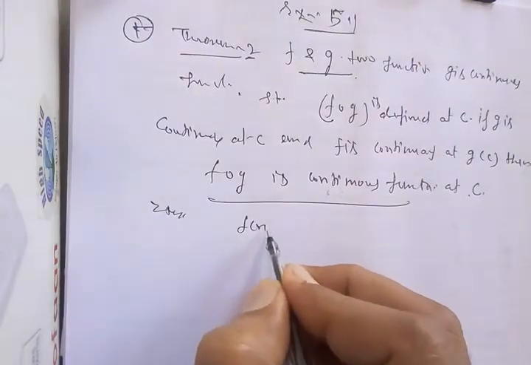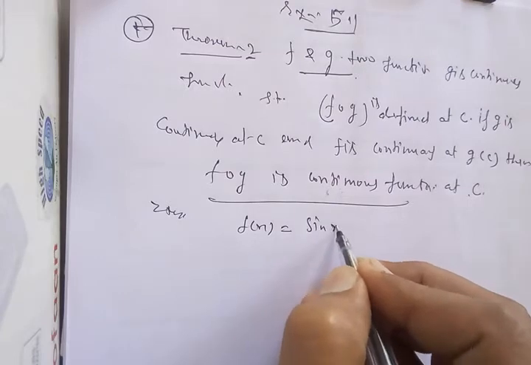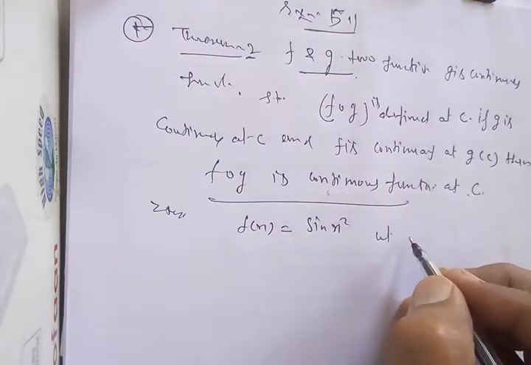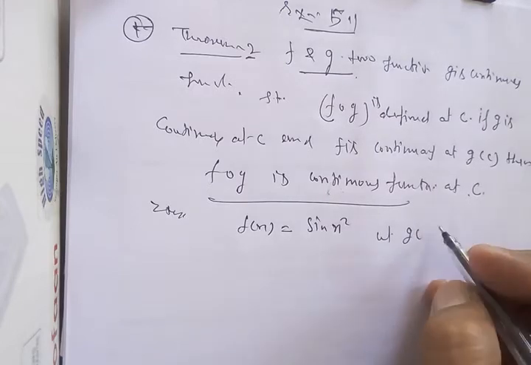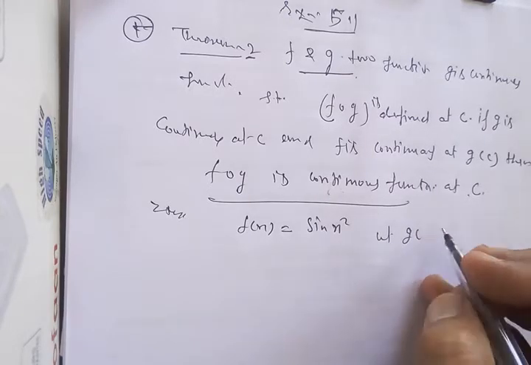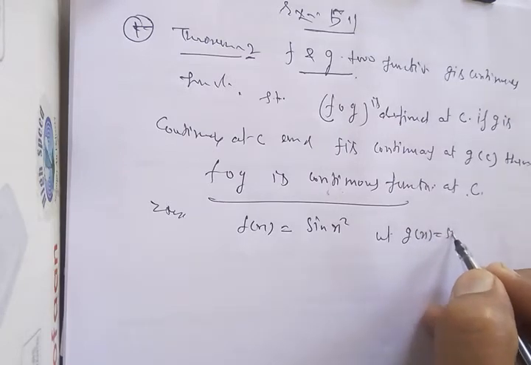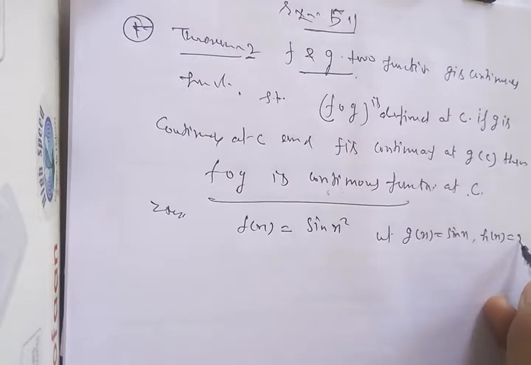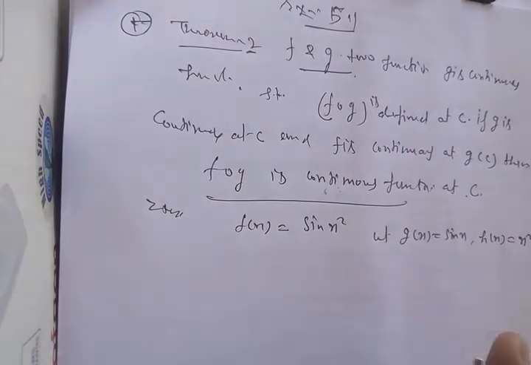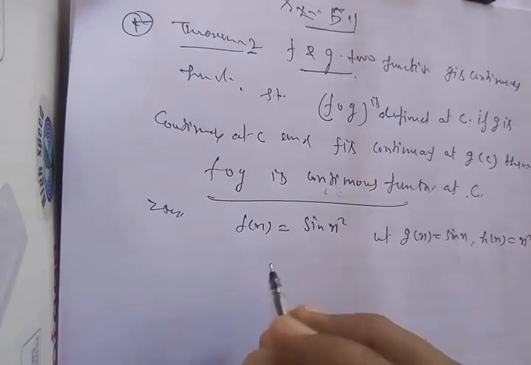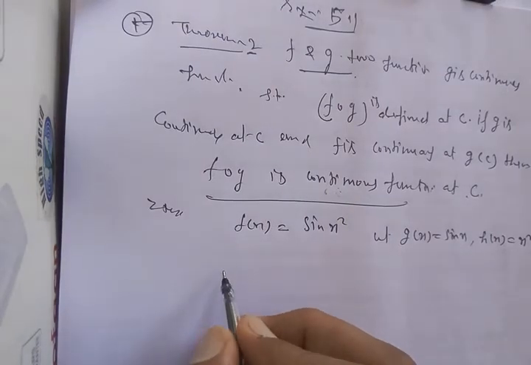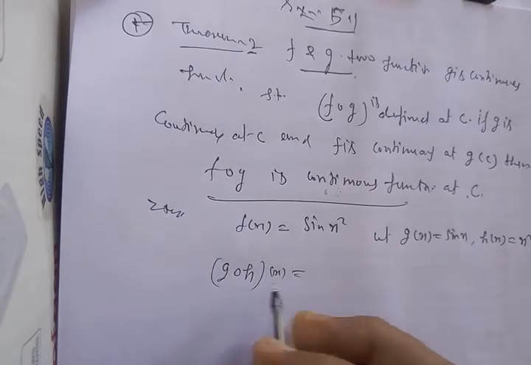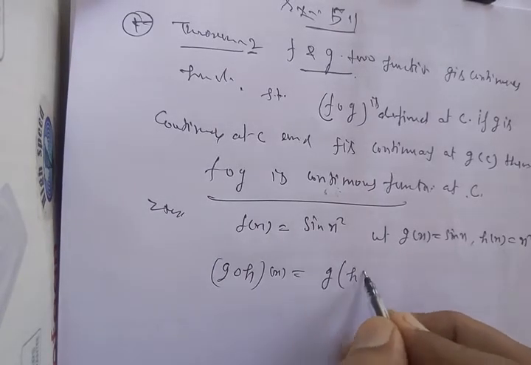Okay, so suppose the function is f(x) equals sine x square. Let g(x) equal sine x, this type of question, and h(x) equal x square. So by putting, we can find g of h of x.